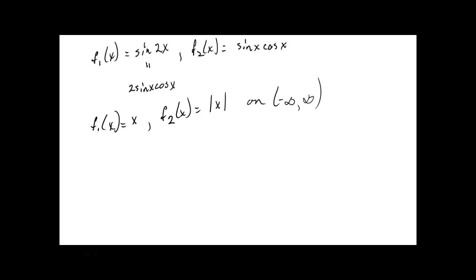If you chose a minus 1 there, it would be linearly dependent on the right, but not on the left. If you chose a plus 1, it would be linearly dependent on the left, at 0, but not on the right. There is no set of constants that will make that always equal to 0, unless both constants are 0.